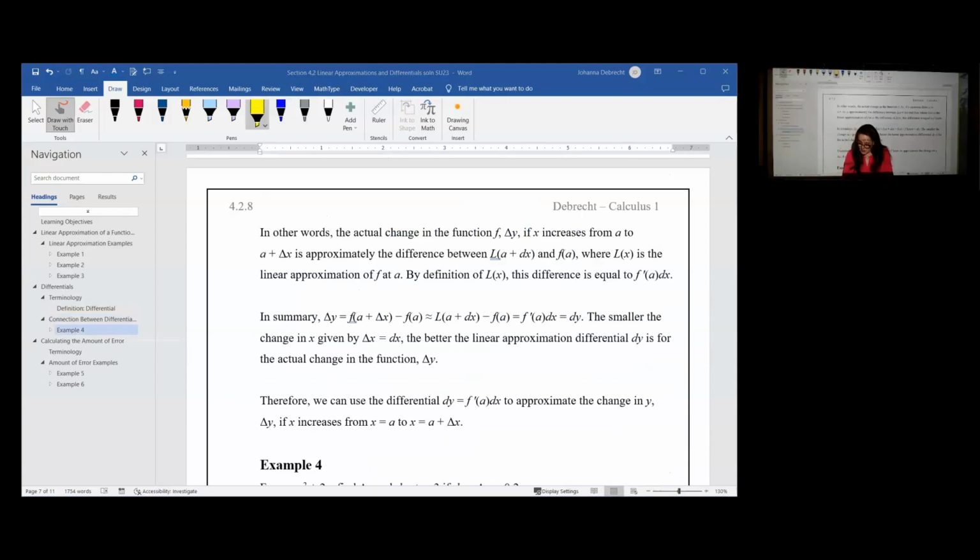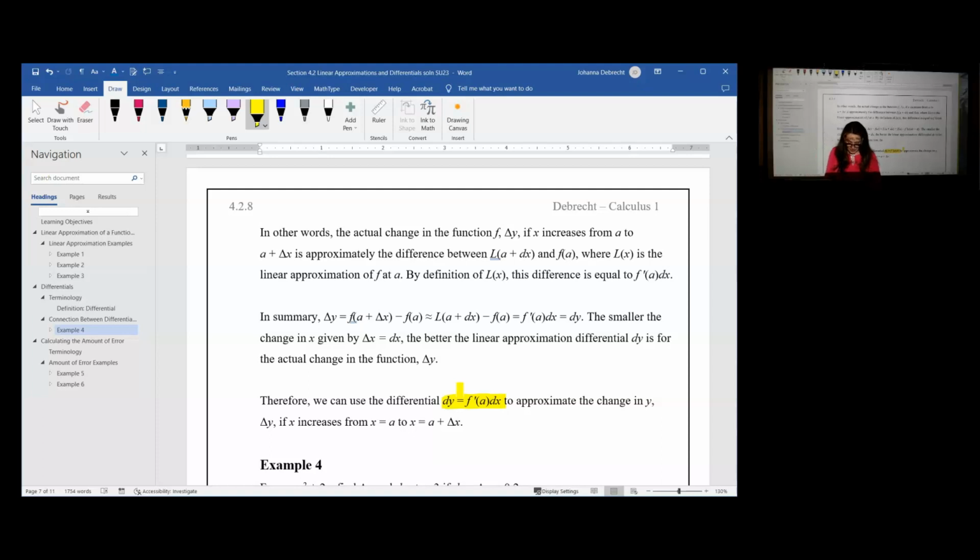We're going to use this equation, that dy is equal to f prime of a dx, and that delta y is approximately equal to dy, in order to approximate the actual change in the y value on the function when x goes from a to a plus dx, or a to a plus delta x.